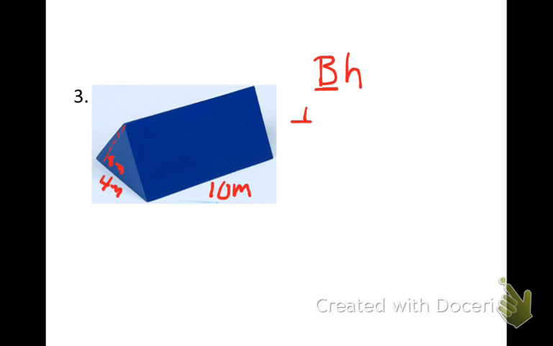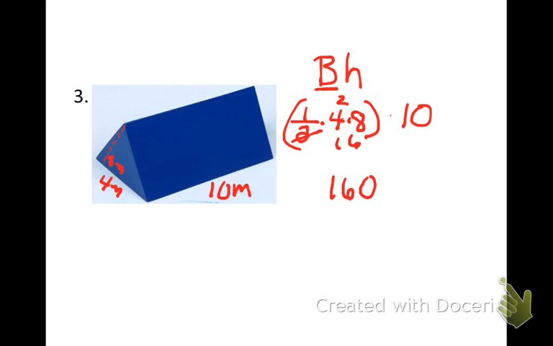So the base is going to be 1/2. The base of the triangular face is 4, and the height is 8. That all represents capital B, and now we need to take it times the height of the prism, which is 10. So again, in here you can say 1/2 of 4 is 2, 2 times 8 is 16, so 16 times 10 would be 160 meters to the third.